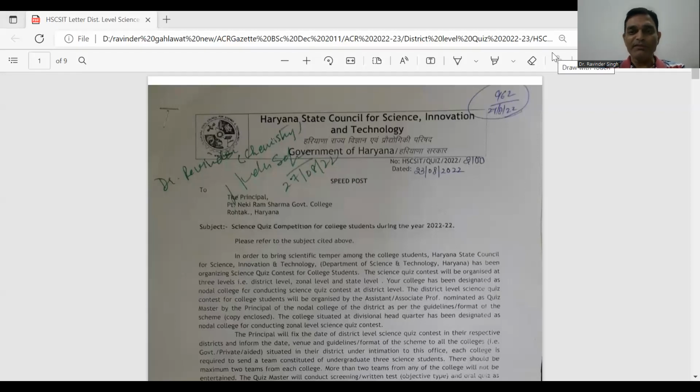This district level science quiz competition is sponsored by the Haryana State Council for Science, Innovation and Technology, Government of Haryana.